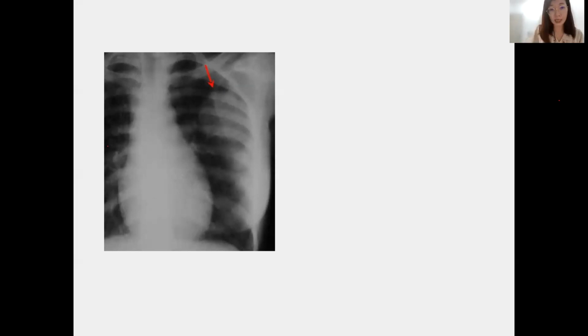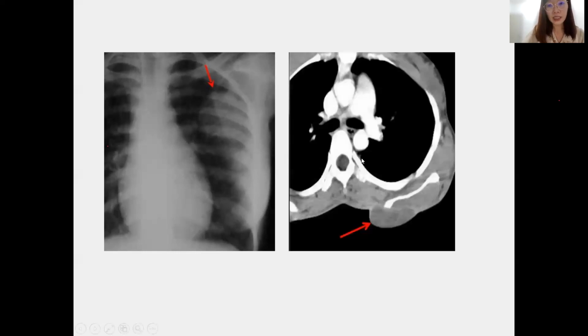This one is just an example showing you, although on frontal X-ray it looks like opacity arising from the lung, when we do a CT scan, actually it is from the scapular soft tissue mass here. So it is always projected on frontal X-ray like an opacity within the lung, but on CT it is external to the lung. This must be borne in mind.